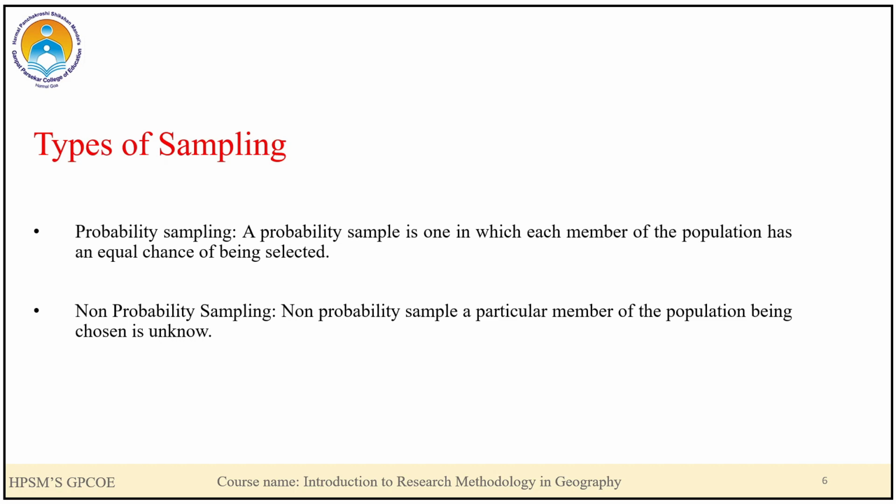So in probability sampling there is a known chance of being selected as a sample, and in non-probability sampling the sample is chosen from unknown sources.